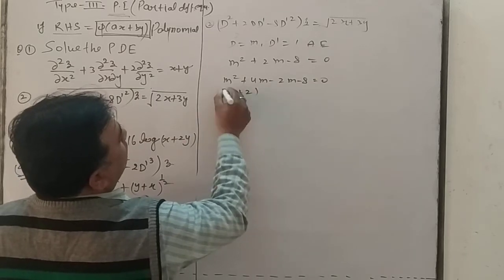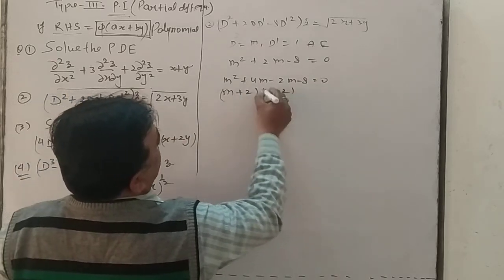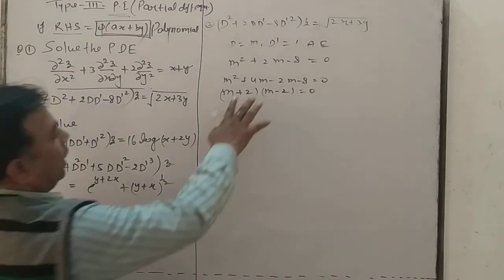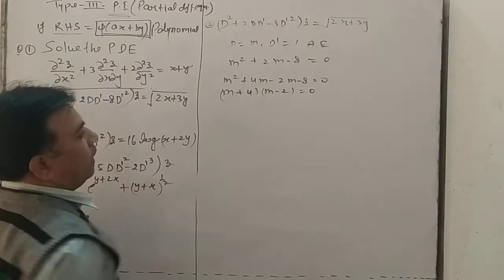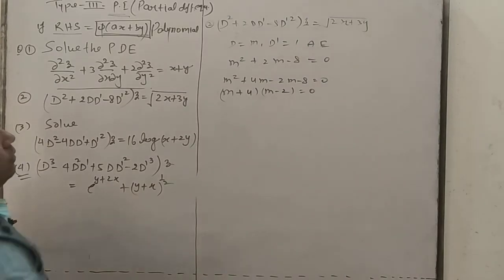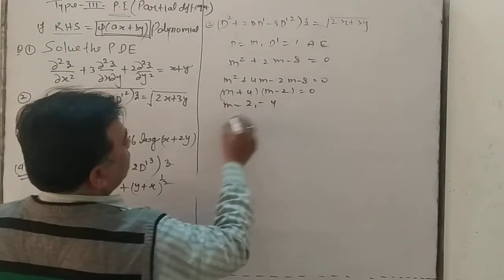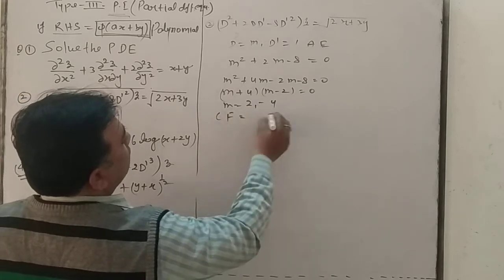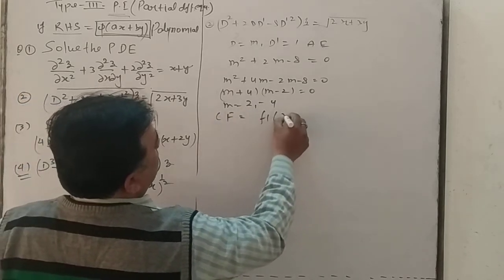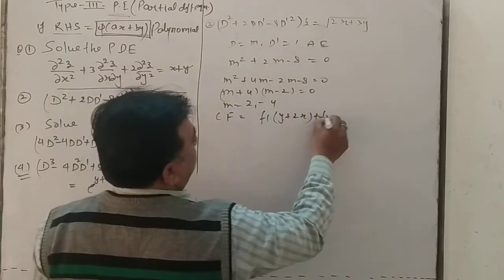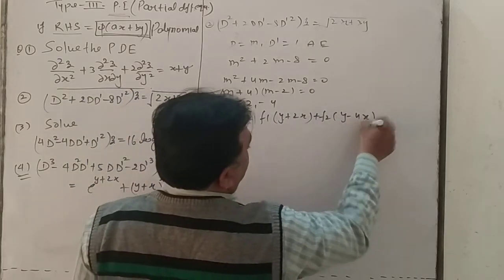So (m plus 4) and (m minus 2) equal to 0. Then m equal to 2 and minus 4. Then CF equal to F1 of y plus 2x, plus F2 of y minus 4x.